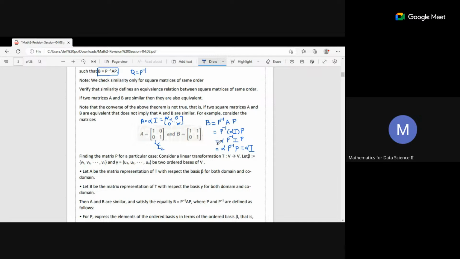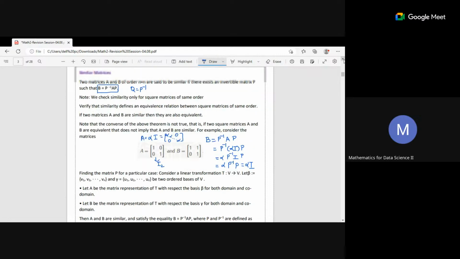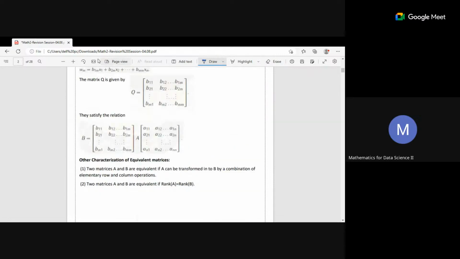Ma'am, can you define equivalence and similarity in short? For equivalence, instead of P inverse, you have a matrix Q. You don't have P inverse, but you have a matrix Q. Remember, I have given this condition for matrices to be equivalent: if the rank of A is equal to the rank of B, then A and B are equivalent.